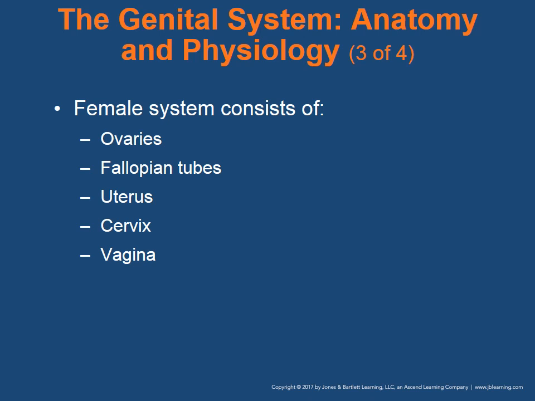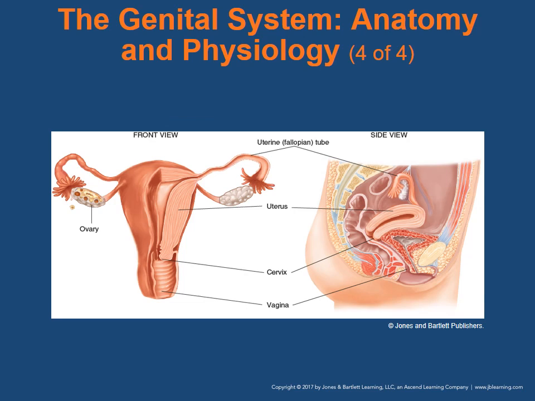The female system consists of the ovaries, fallopian tubes, the cervix, the vagina, and the uterus. So, unlike the male reproductive system, where many potential problems may not be life-threatening emergencies, it's very different with the female reproductive system.